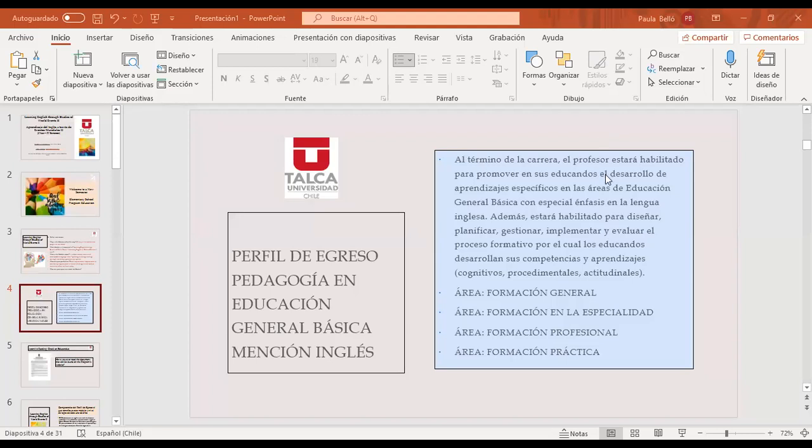What kind of teacher are we educating in this program? En la carrera de Pedagogía en Educación General Básica, Mención inglés. What do you think this program is trying to fulfill? Which big objective? ¿Cuál es el gran objetivo final de formación de la carrera?